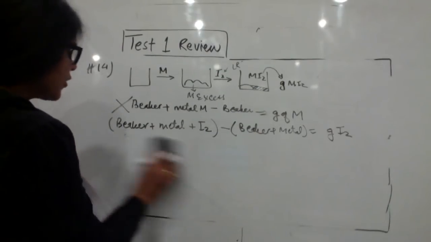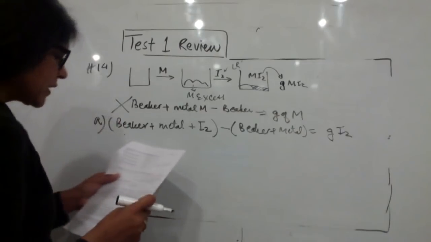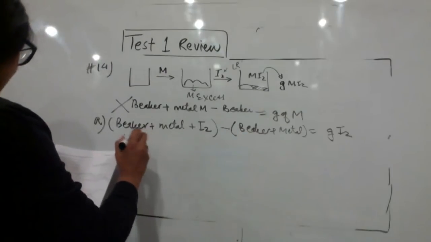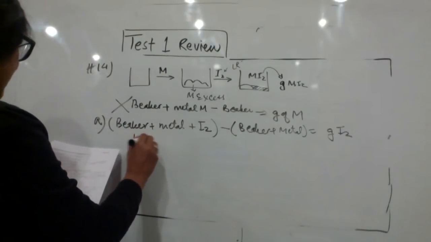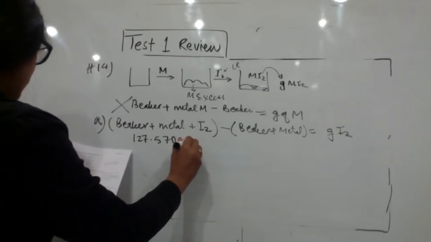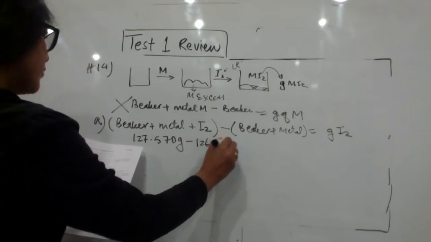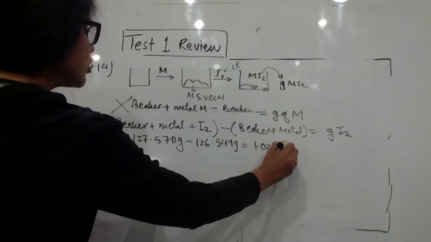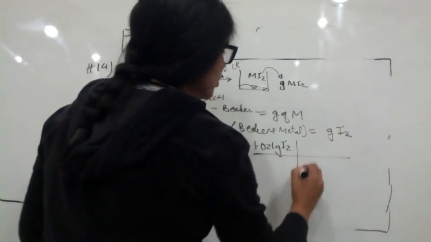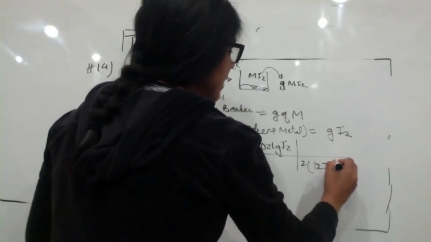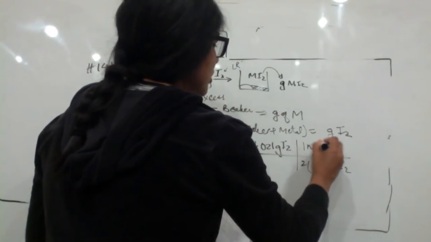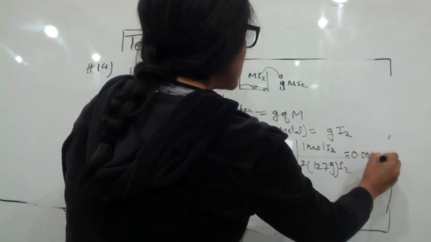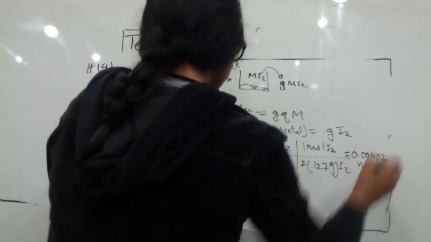We do that for the first part because the first part asks for moles of I2. So 127.570 grams minus 126.549 grams gives you 1.020 grams of I2, but they ask you for moles of I2. 2 times 127 grams of I2 is 1 mole of I2. So this gives you 0.00402 moles of I2.